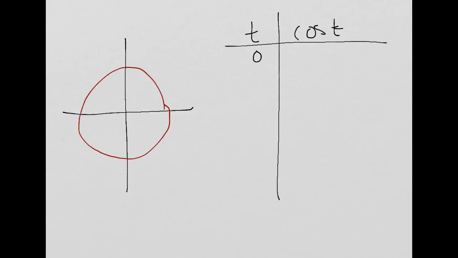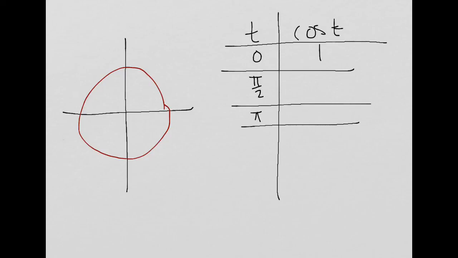When t is 0, we're over here, but the cosine is not the y-coordinate, it's the x-coordinate. So when t is 0, we go to 1. Let's check pi over 2, pi, and 3 pi over 2, because again, we're going to get nice periodic behavior, just like we did before.